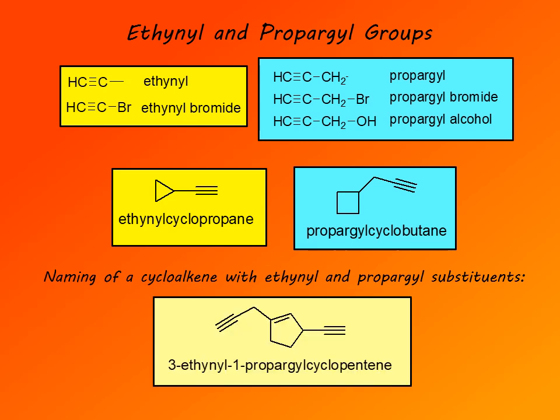So this would be cyclopentene, and of course we have two carbons of the double bond. One of them has a substituent, so that's carbon 1. And that carbon 1 has a propargyl group as a substituent. And then the other carbon with a substituent is carbon 3. That one has an ethynyl group. So the name of this compound is 3-ethynyl-1-propargylcyclopentene.